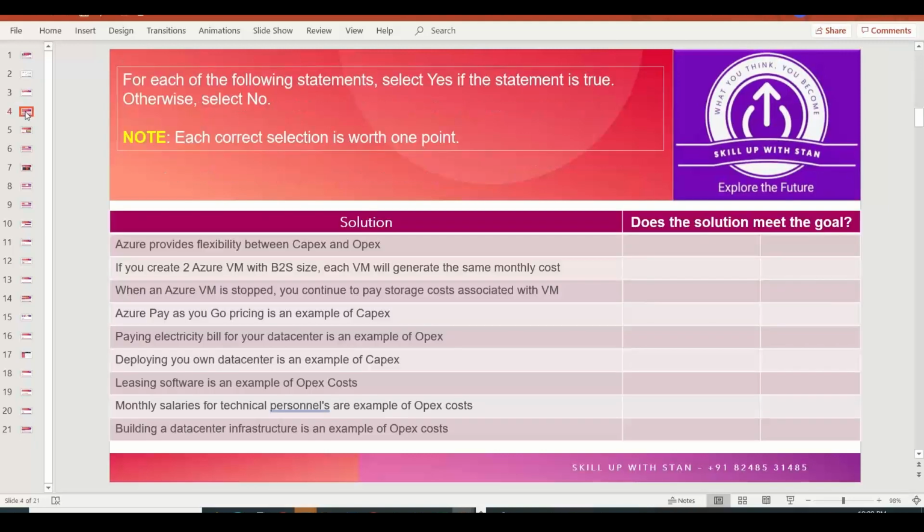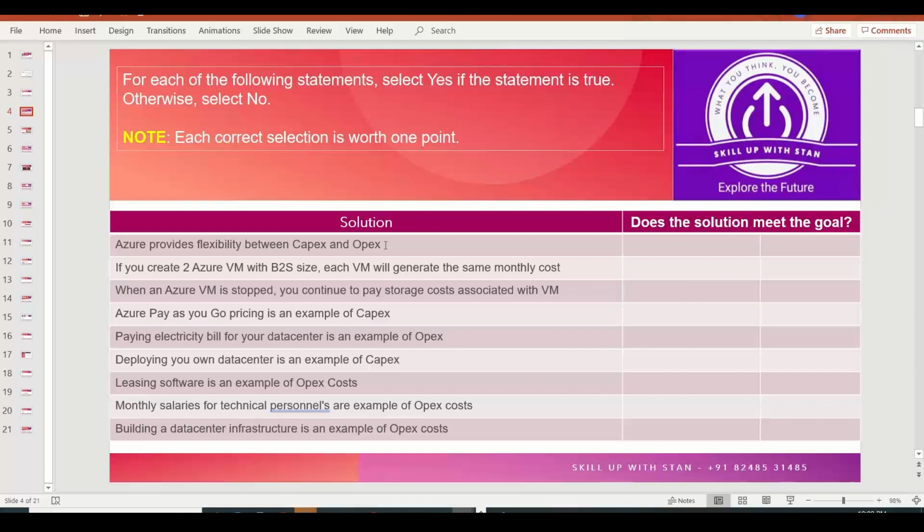We might also get yes or no questions where we have to identify whether a statement is true or not. Azure provides flexibility between capital expenditure and operational expenditure. Yes. Public cloud by default gives you the pay-as-you-go consumption model.